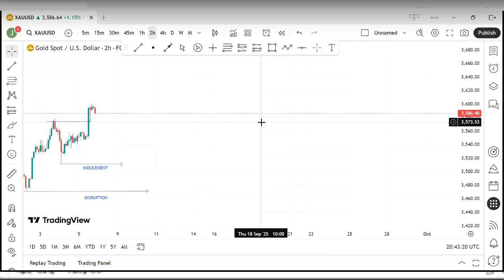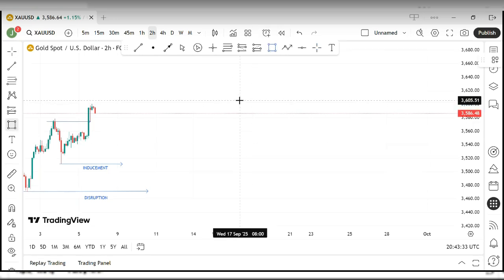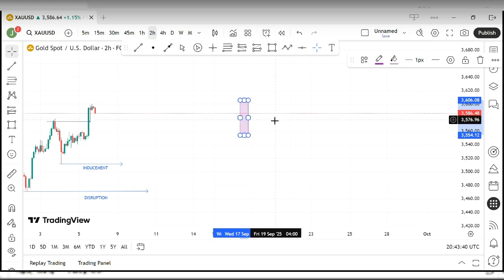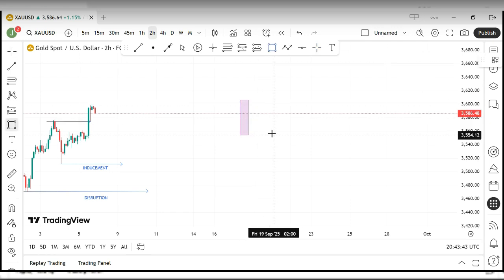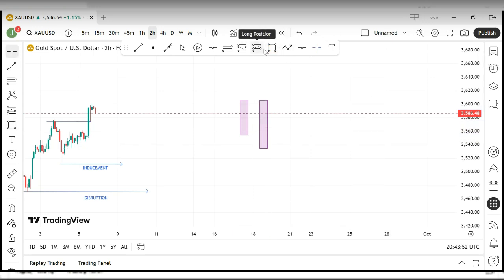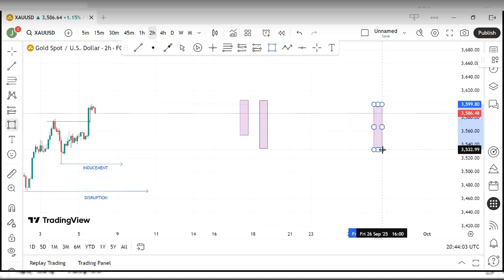Now, my own simple definition of key level is two candles. Two opposite candles having the same high or almost the same high point, or two candles having the same low.